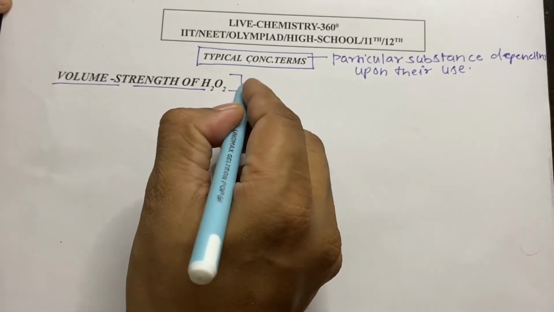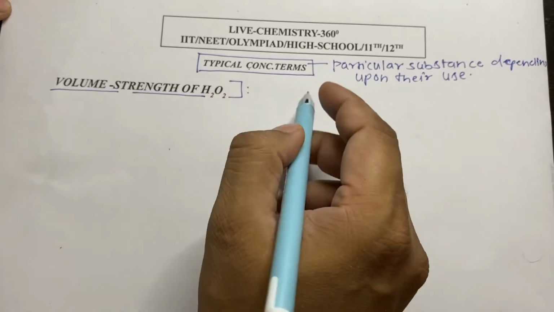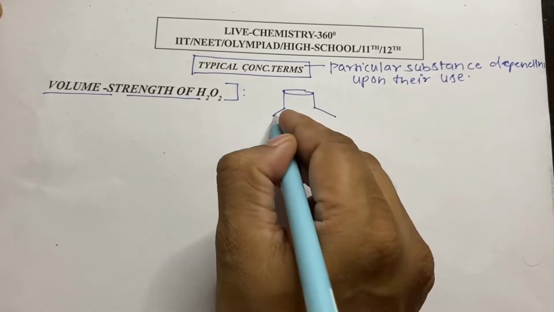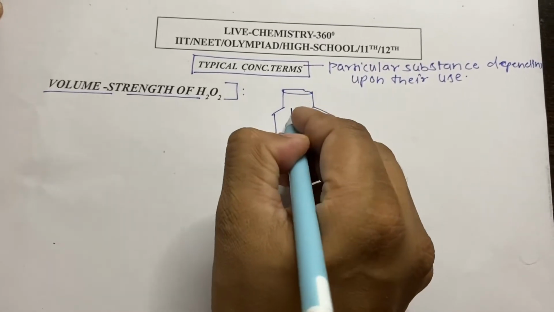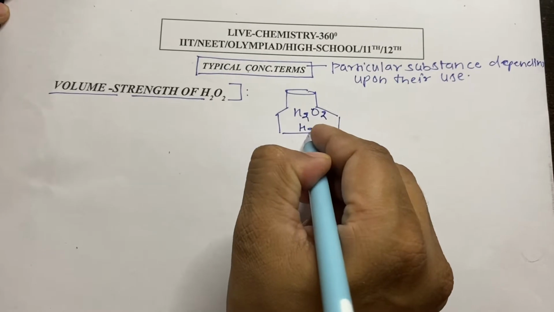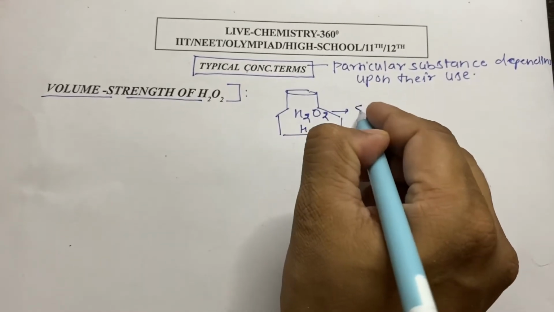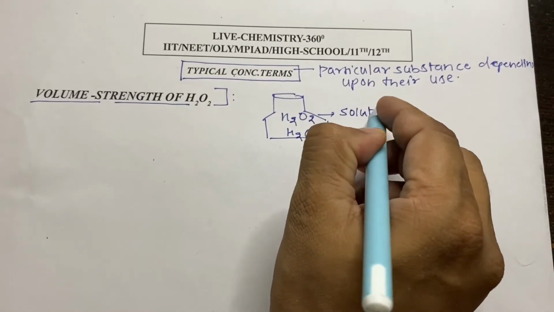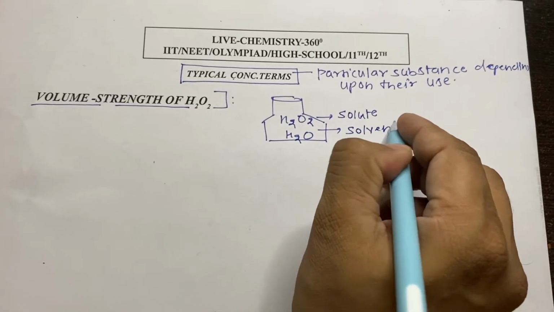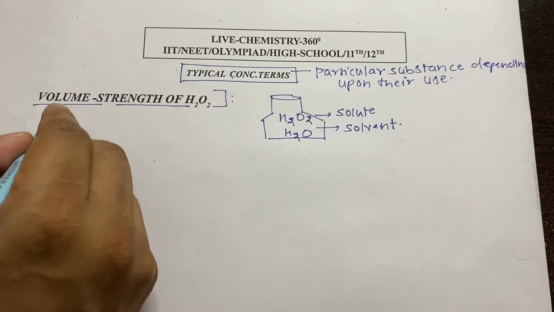So how can we define the volume strength of H2O2? We are taking an aqueous solution of H2O2 and H2O. H2O2 is the solute and H2O is the solvent.